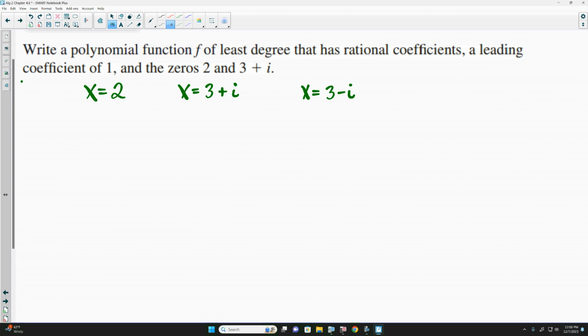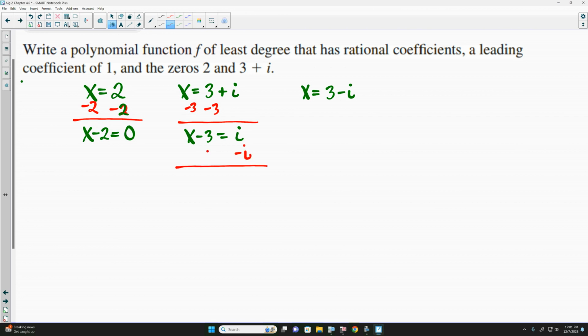And just like yesterday, the first thing we need to do here is get each one of these three equations equal to 0. So for our x equals 2, we will subtract 2 from both sides and get x minus 2. For our x is equal to 3 plus i, first thing we can do is subtract 3 from both sides, telling us x minus 3 is equal to i. At this point here, we can subtract i, telling us x minus 3 minus i is equal to 0.